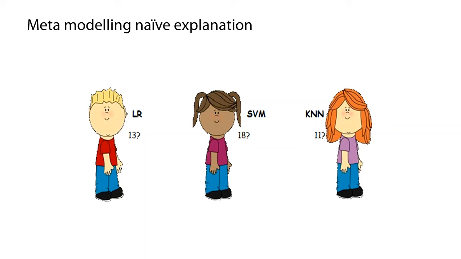So let's assume we have 3 kids, LR, SVM, KNN, and they argue about a physics question. They try to find which one is the right answer. LR says 13, SVM says, no, I think the answer is 18, KNN says, I think the answer is 11. So they try to work it out.